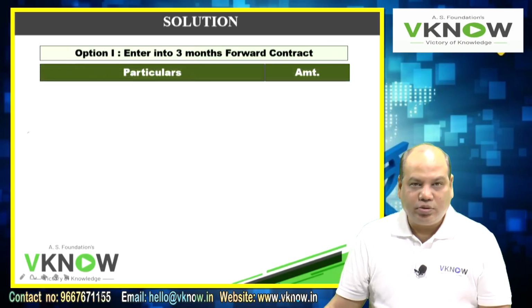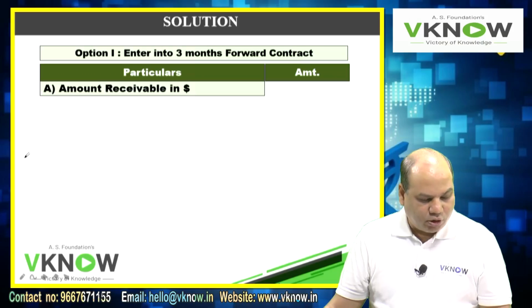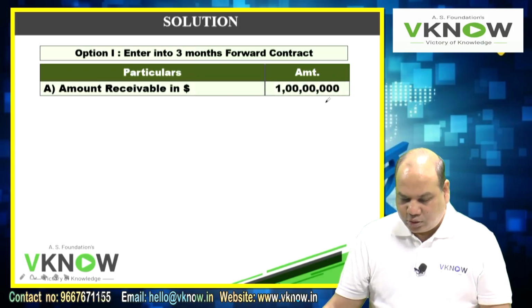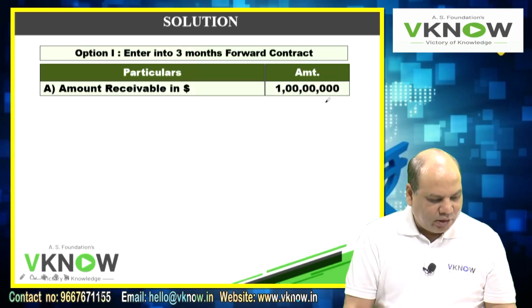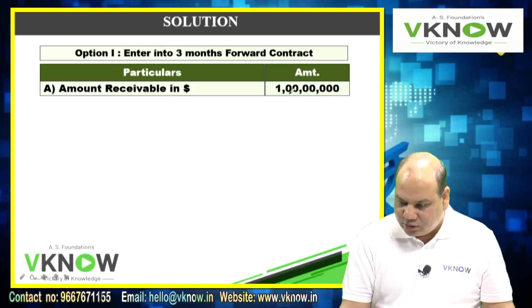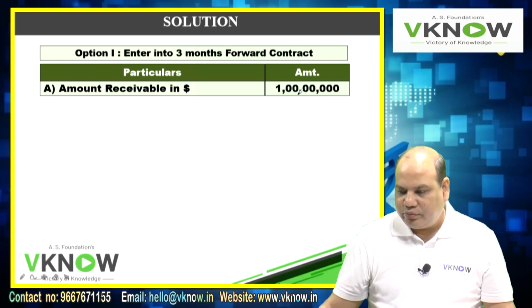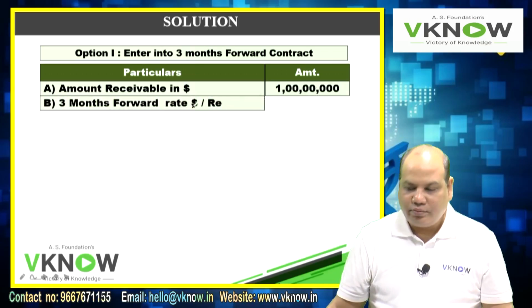Right hand side amount. First point A, amount receivable in dollar, be careful, it is 1 crore. 10 million is 1 crore. Sometimes the student make mistake in these zeros also. I have seen 3 month forward rate.